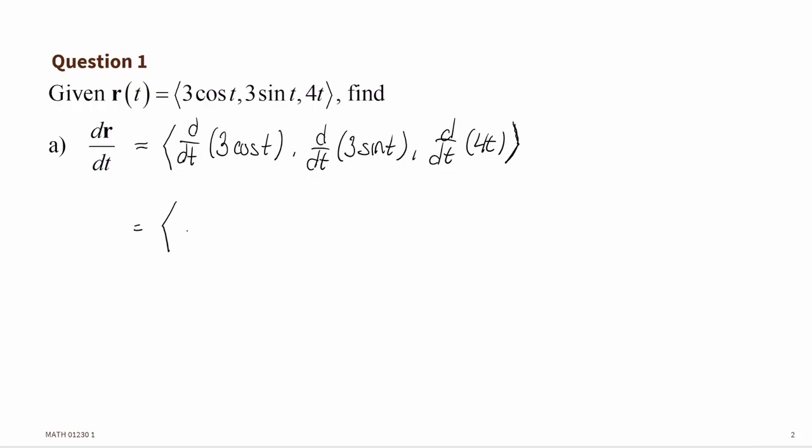And so the derivative of 3 cosine is negative 3 sine. The derivative of 3 sine was 3 cosine of t. Derivative of 4t is just 4. And so there is our derivative.